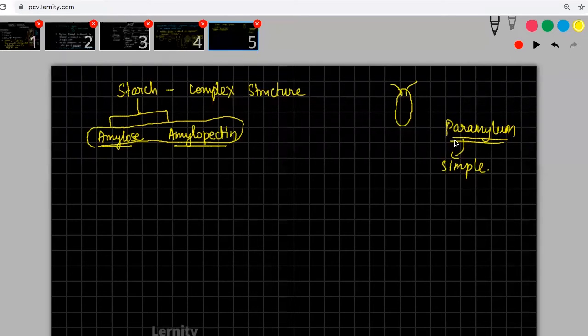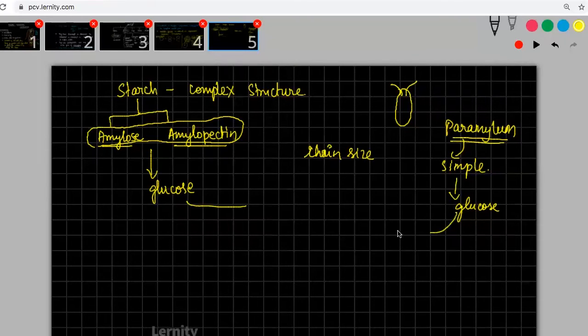What is the difference between starch and para-amylum? Maybe the chain size will be different. This will also be made up of glucose. This is also going to be made up of glucose. But how this glucose is packed, that is varying.